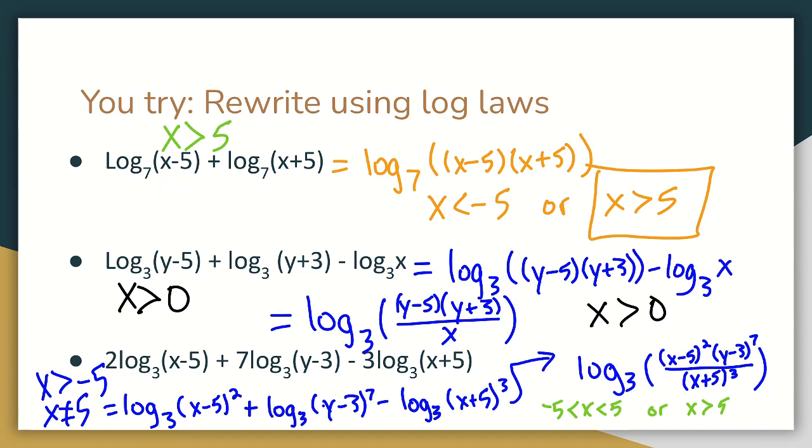Make sure you're using the graphing to get some of these down. These are pretty complicated. So x has to be strictly greater than 5 is all that we can have when we look at those graphs.